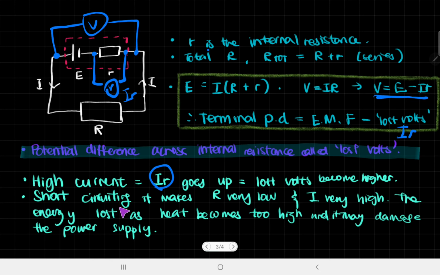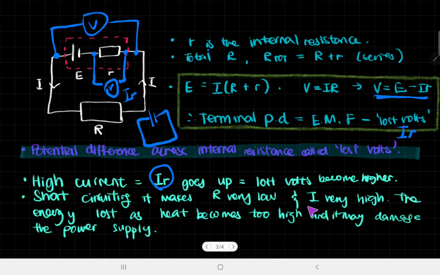Therefore, if you short circuit a circuit, which means you leave nothing outside of the circuit, it would look something like this. There's nothing outside it, no resistance. It will make R really low, like the only resistance would be the minuscule amount within the actual wire, which is very, very low, especially with copper wire.